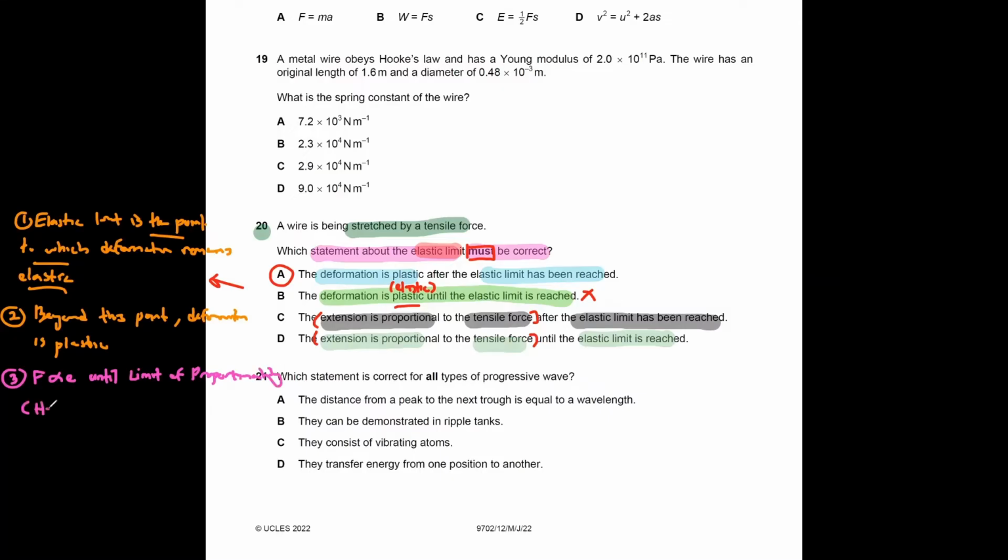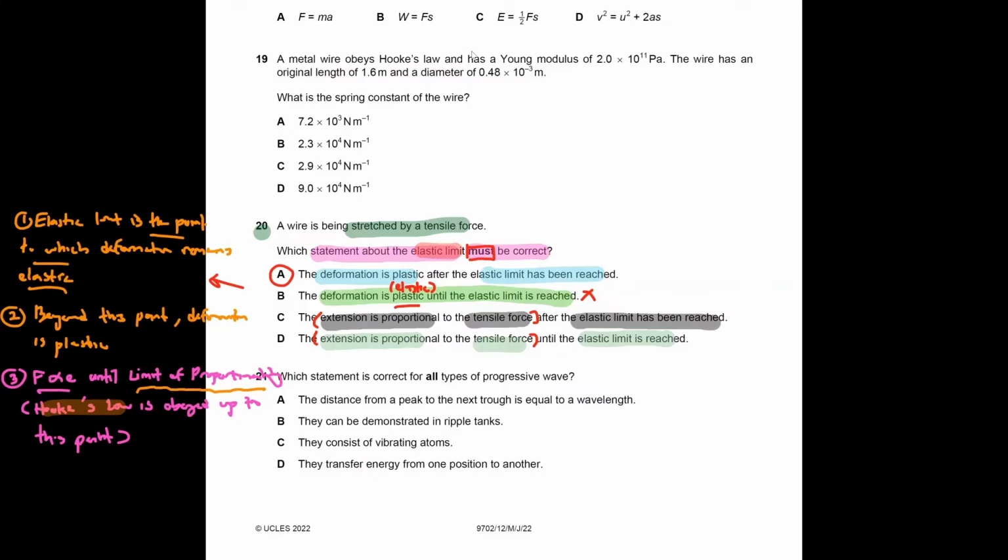Hooke's law is obeyed up to this point. Force being directly proportional to extension only applies until some particular point called limit of proportionality. Worded another way, Hooke's law is obeyed up to this point.